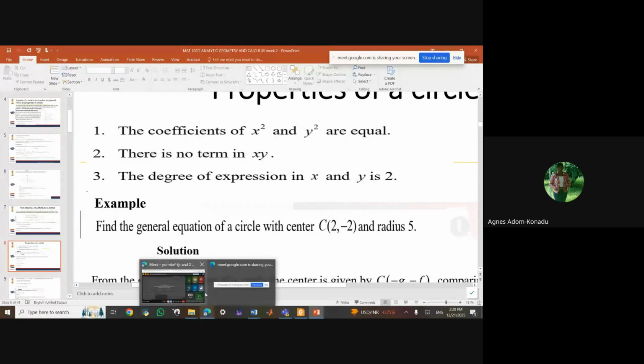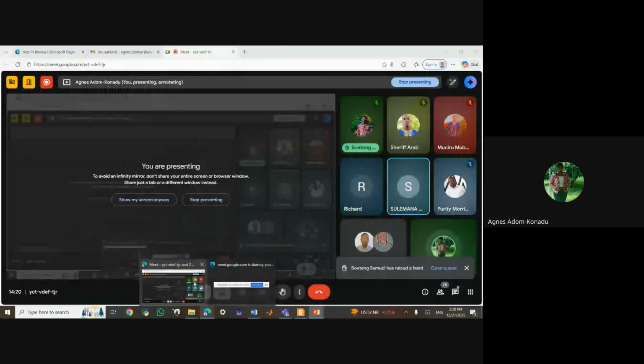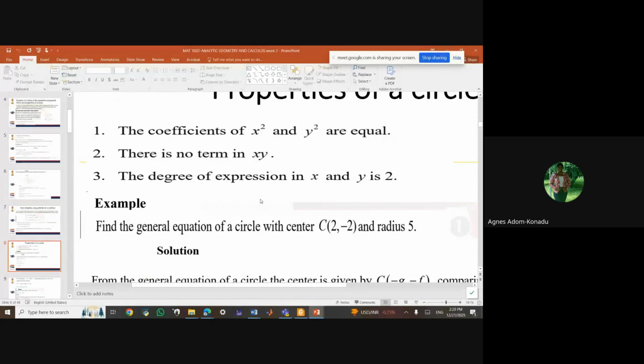Okay, so there's a hand up. Madam, can I try? Sammy, your hand is up. Yes, madam. I had x squared plus y squared. Tell me the procedure. How did you go about it? Madam, in this particular question, the r is given as 5.